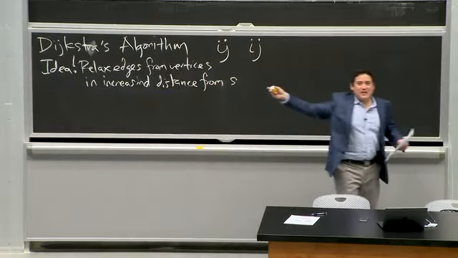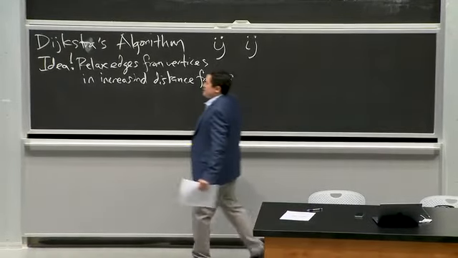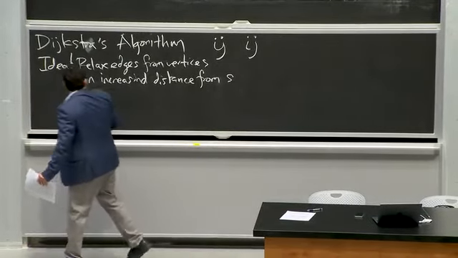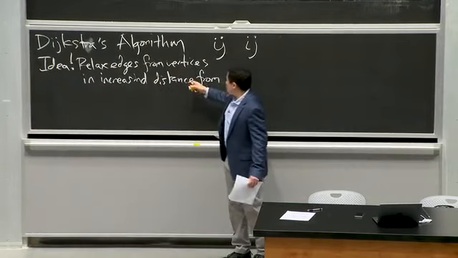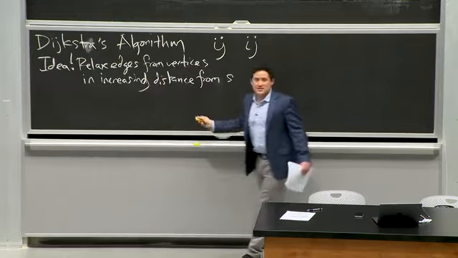Okay, this is the same kind of difficulty we had before when we were trying to generalize BFS. So how do we know what the next vertex is with increasing distance to S?